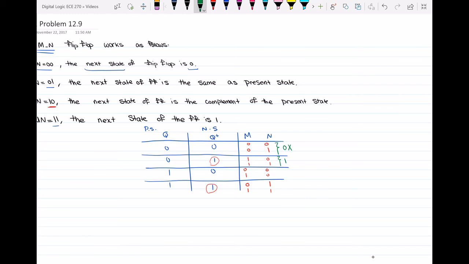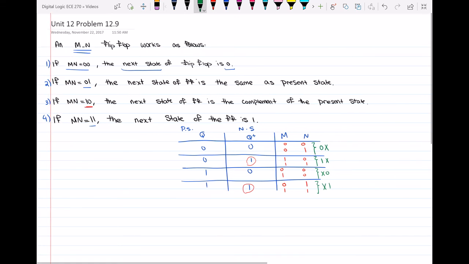Again, we have 1 and x. Then in the third row, you see that n is not changing, so n is always 0 no matter what m is. So m is the don't care here, and we have x 0. And in the fourth row, we have n equal to 1 no matter what m is. So we have x 1. Okay, so we filled this table using these 4 statements that we had for the mn flip-flop.